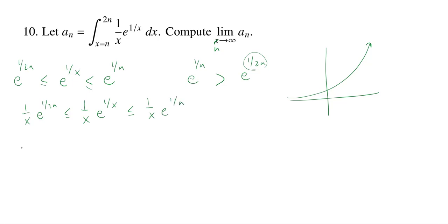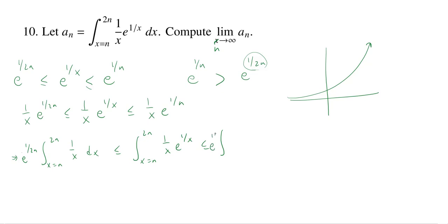And therefore, if I integrate from n to 2n, well, look at this e to the 1 over 2n, that's not going to have an x in it. I can actually pull that out. Let me pull that out of this first term. e to the 1 over 2n, then I just have the integral of 1 over x dx, which is less than or equal to the integral from n to 2n of 1 over x, e to the 1 over x, which is less than or equal to the integral.